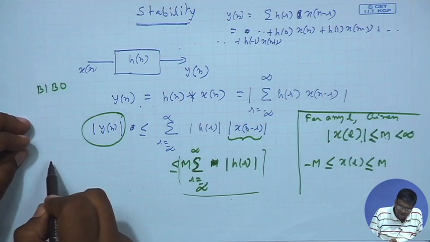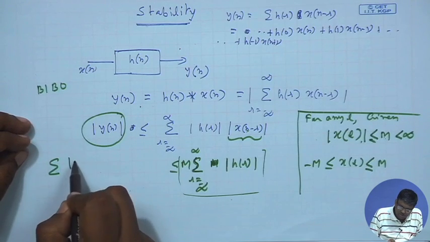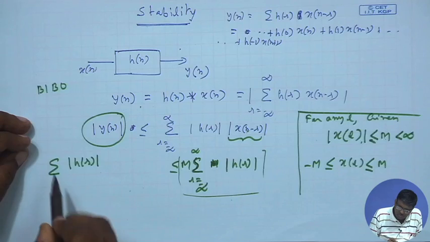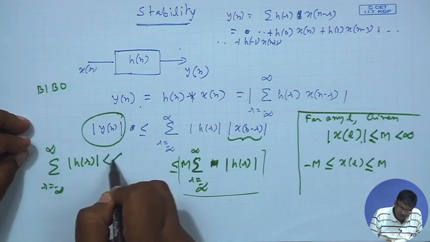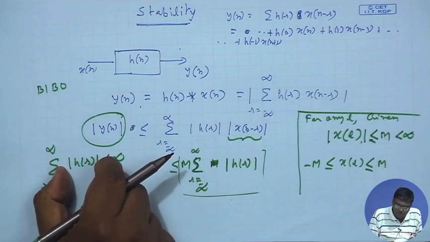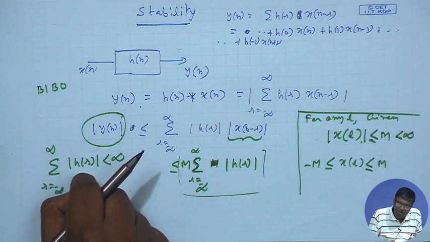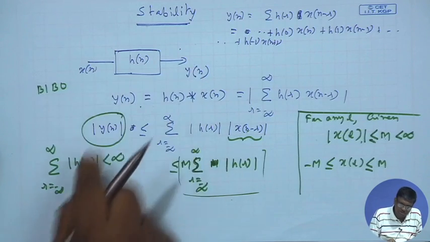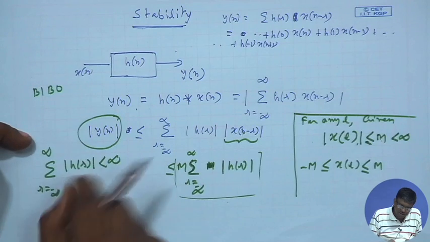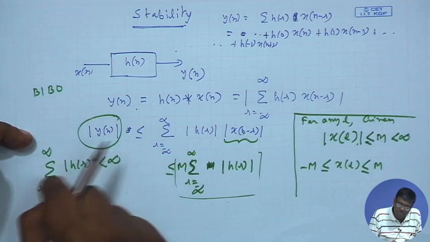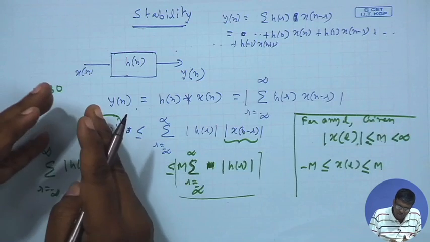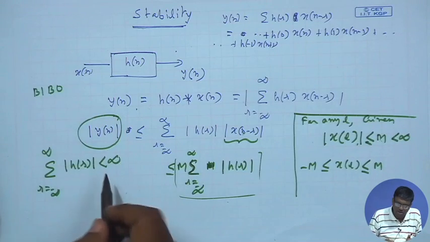So that means there is a condition: the absolute value of every sample of the sequence h[n], summed over all the samples, should be finite. The absolute thing should be summable, that is, when you sum you should get a finite number.